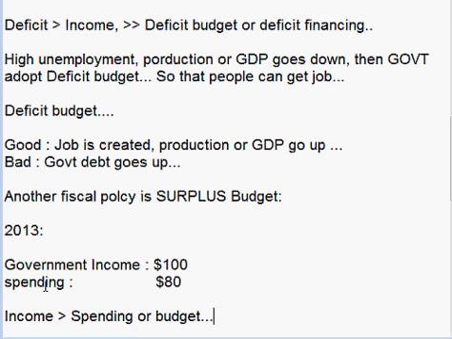This type of budget is called a surplus budget.